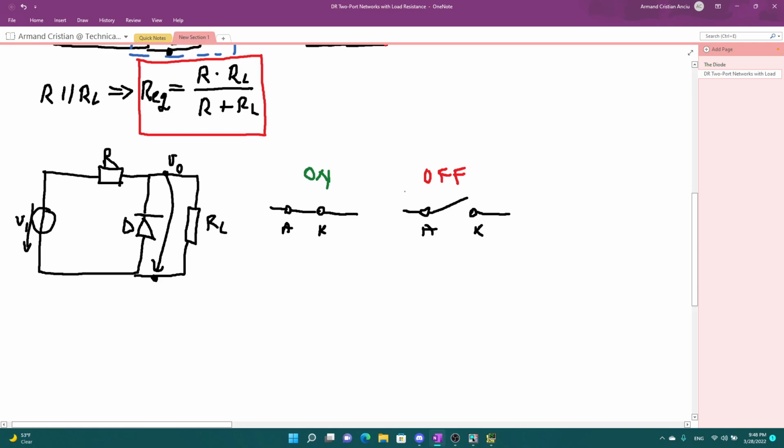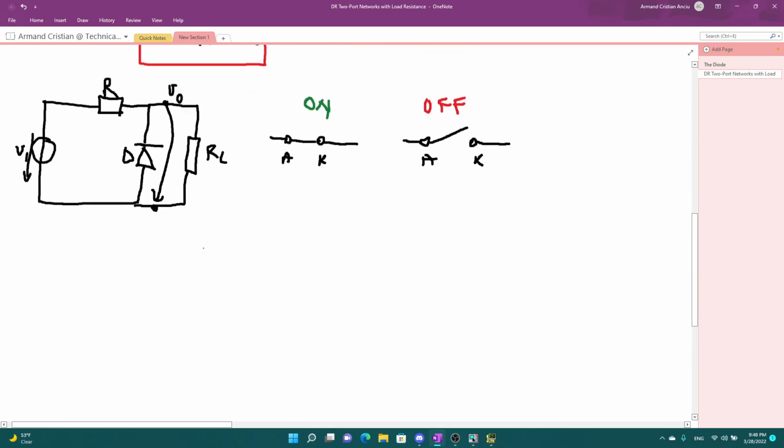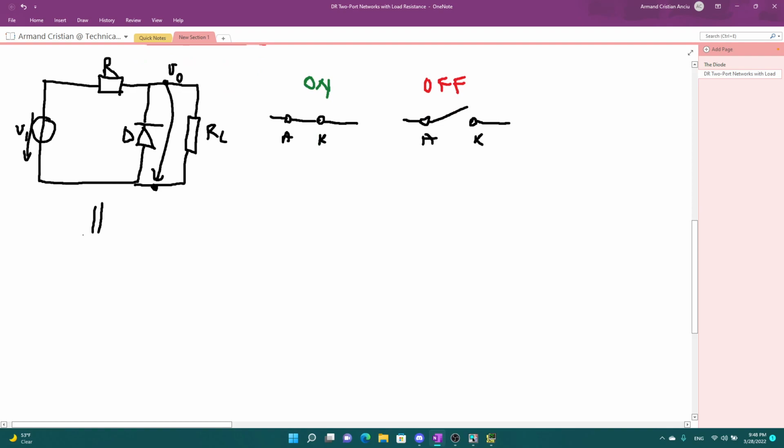So we can only work with the diode in the off state. But what's the use of working with the diode in an off state? Well, there isn't. And that's because in the off state, our circuit basically becomes nothing more than a voltage divider. So as you can see, the diode is completely useless in this case. It has literally no use.